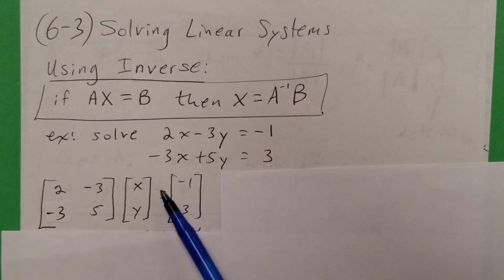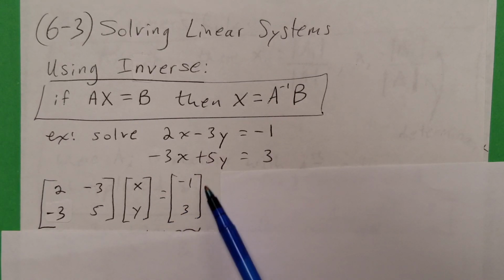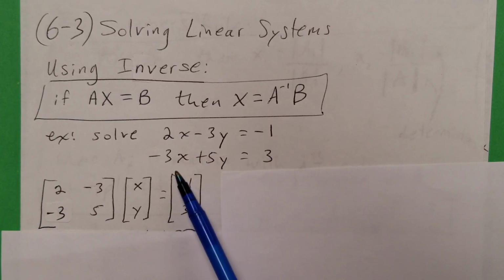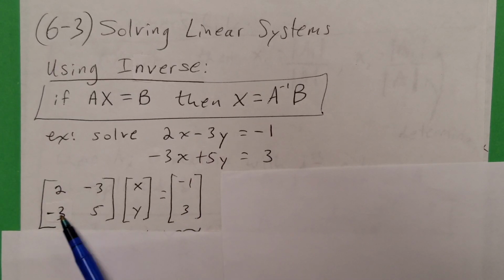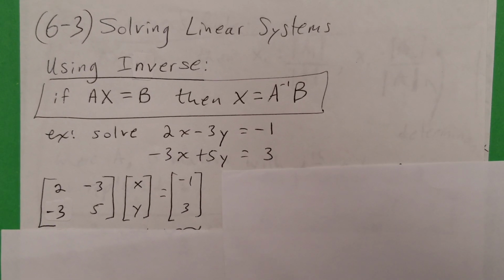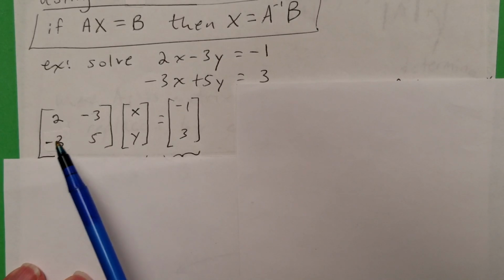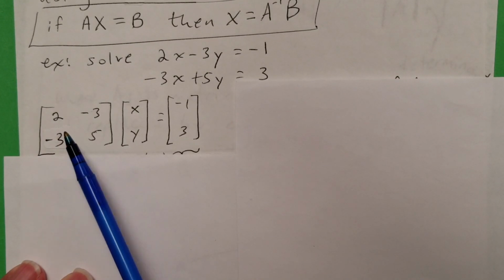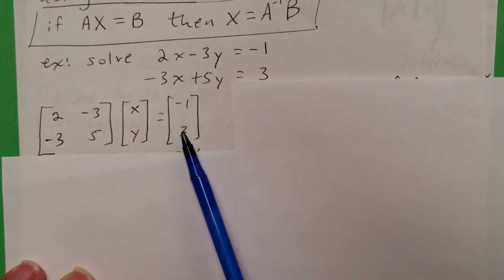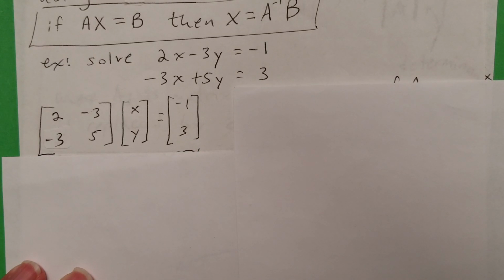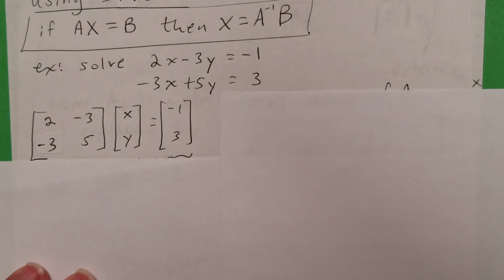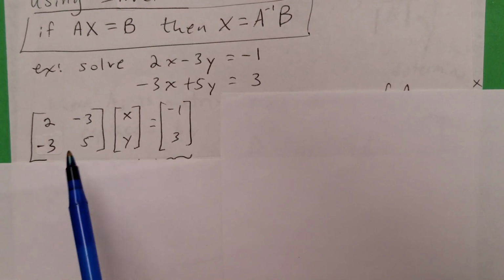And then on the other side, for the equal sign, we make a separate matrix. So this is my A matrix, this is my B matrix. So how do I solve this again? Well, we figure out what the inverse of this matrix is, bring it over here and multiply with this matrix, and I'll have the answers for x, y. So let's step aside and find the inverse of this.